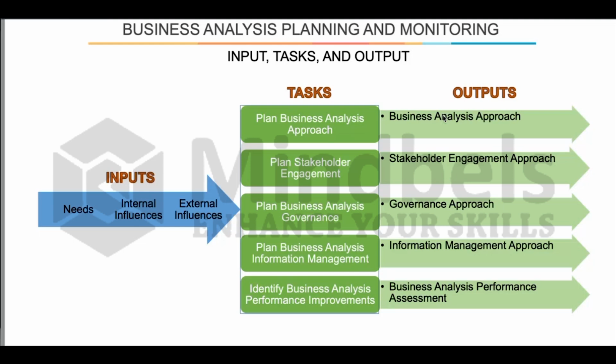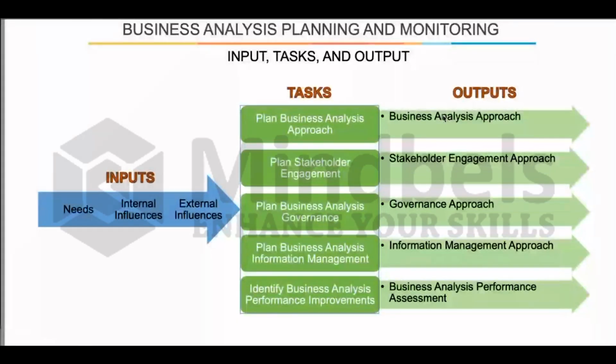Now you understand what input is. Input is the first stage: the stakeholder, the requirements, the needs, the external factors and internal factors that made this customer come to you as a BA. That is important to understand.